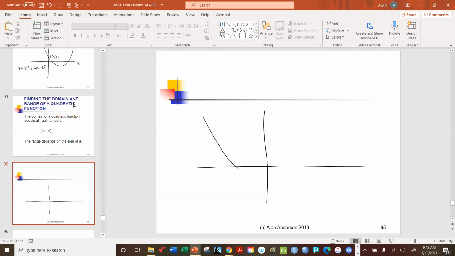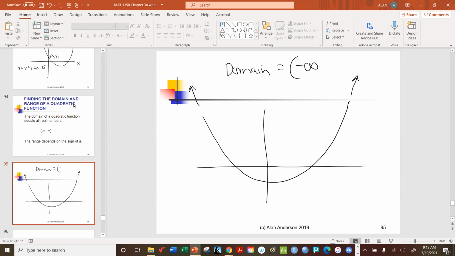It may look like we just stop drawing it here, but this actually goes up forever, this goes up forever. So that means that every number on this real number line is going to be eventually reached by this parabola. So the domain is the entire real number line, which we express as negative infinity up to positive infinity.